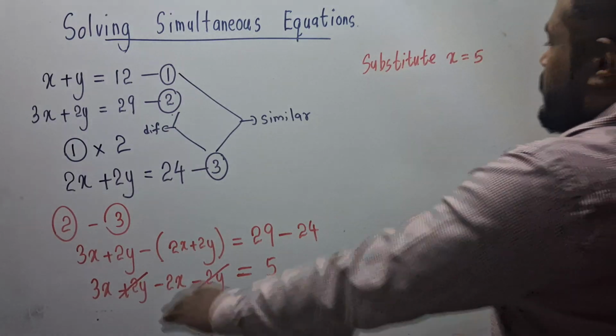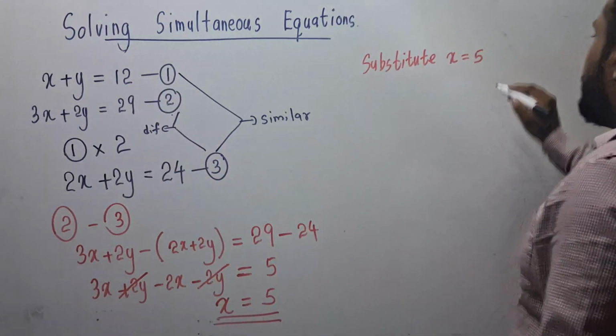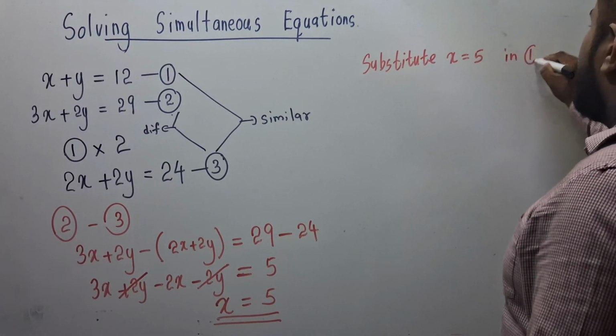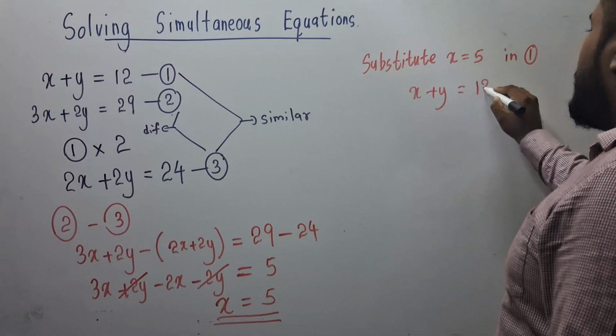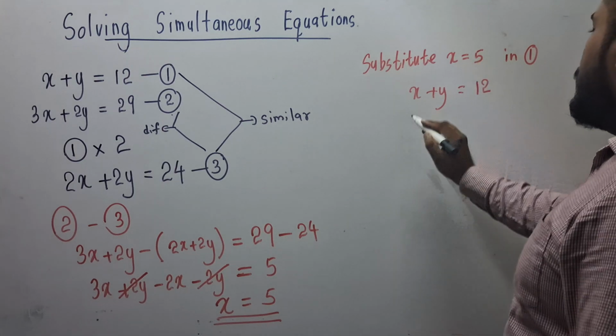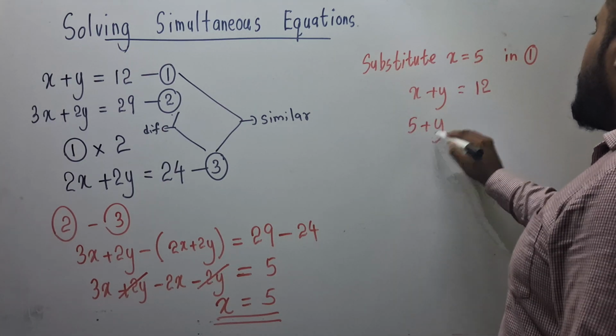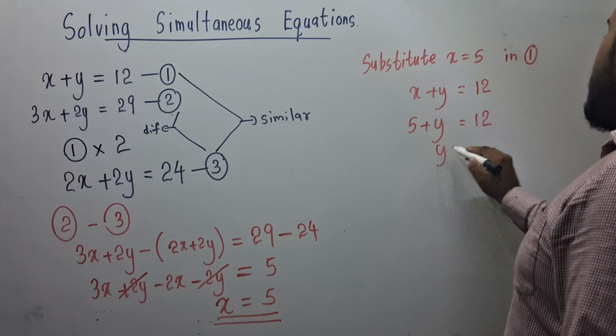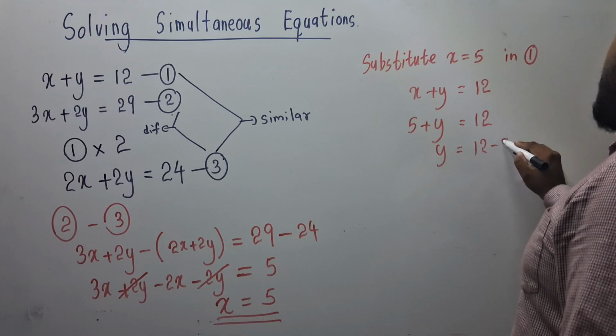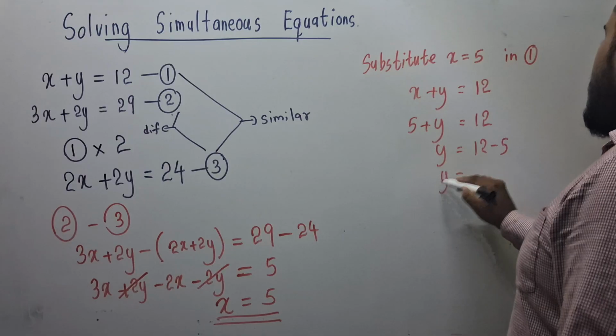The easiest thing is to substitute in equation number 1. In equation number 1, x plus y equals 12. X is 5 now, so 5 plus y equals 12. I can send 5 to the other side. Y equals 12 minus 5. Y equals 7.